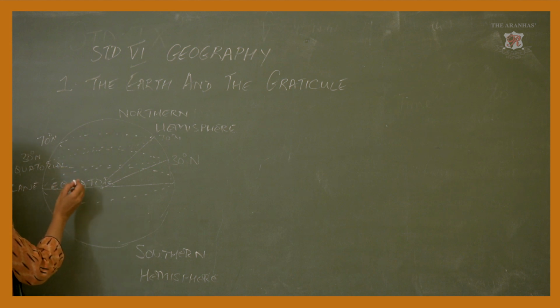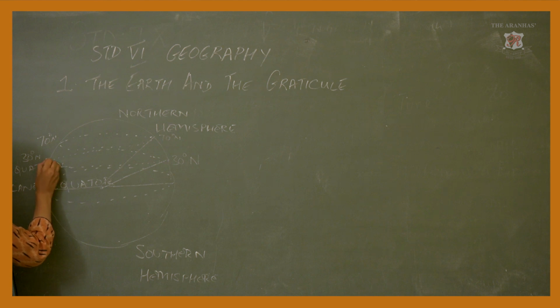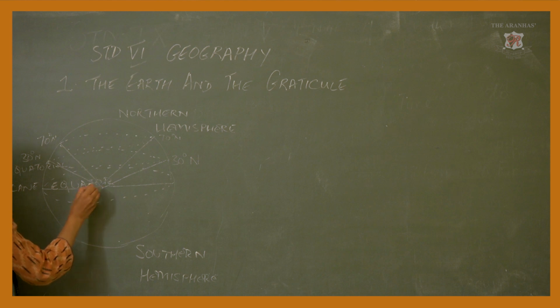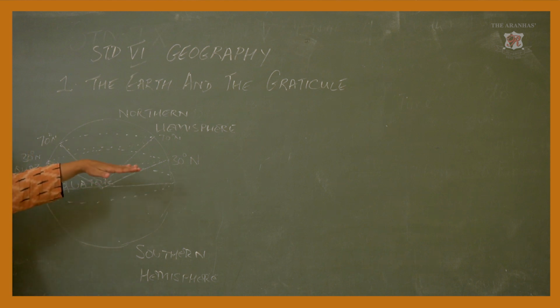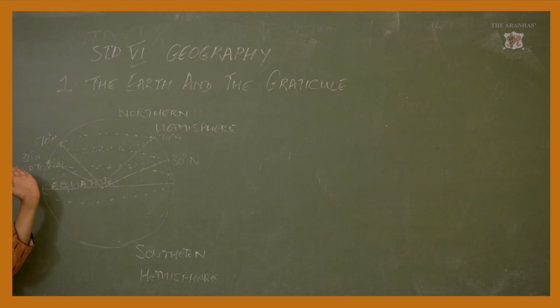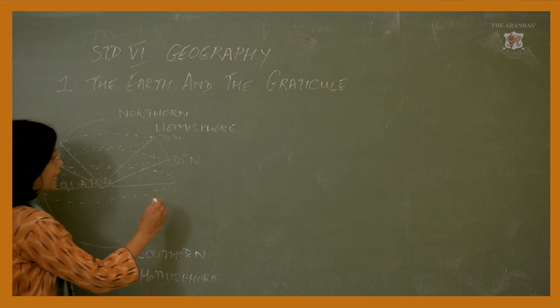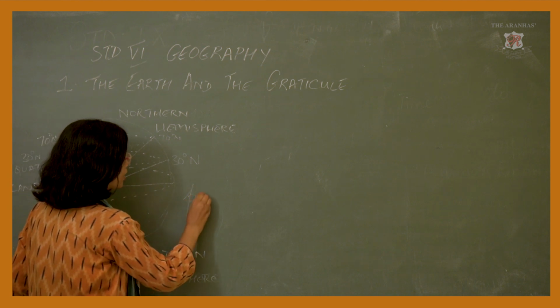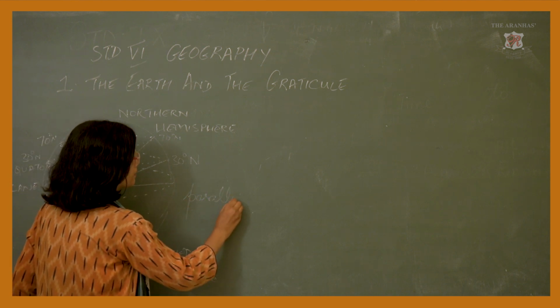Let me join the 30 degrees here, let me join the 70 degrees here. Every time you have some degrees of latitude, on the same side you have the same degrees of latitude, and when you join the 2 points with a circle, as you can see they are all parallel to each other. So, these are called parallels of latitude because they are all parallel to each other.